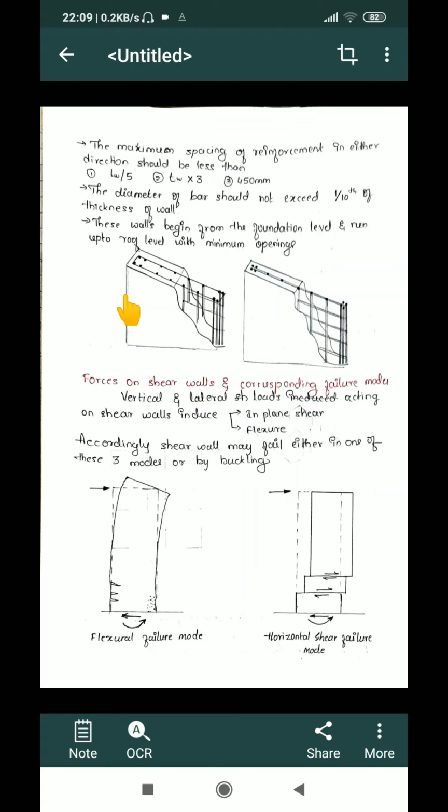We all know that the width of a normal wall will be somewhere around 230 mm or at least 200 mm. Partition walls will be 150 mm. Similarly for a shear wall, the thickness of the shear wall section we usually keep as 150 mm.